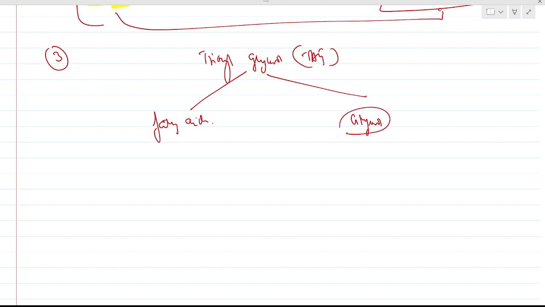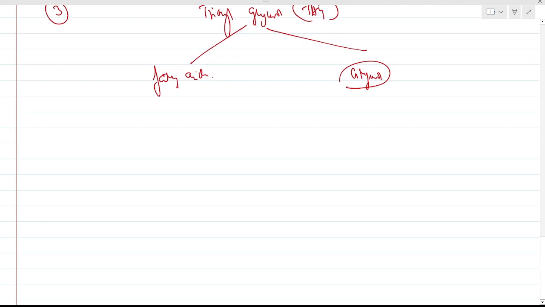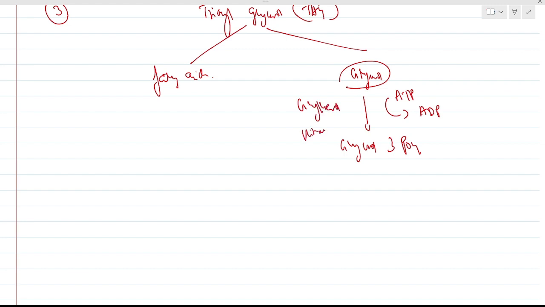Now this glycerol has to enter into the gluconeogenic pathway. How? It is converted to glycerol 3-phosphate. Phosphate is utilized, so an ATP will be used here and converted to ADP. The enzyme will be glycerol kinase.